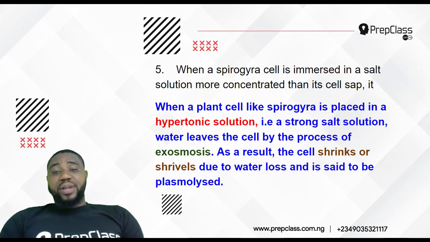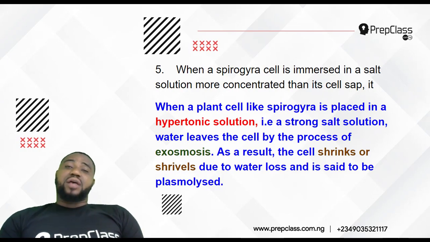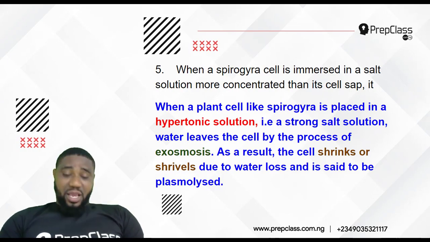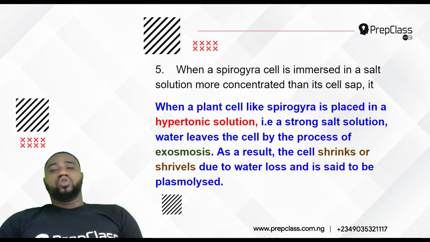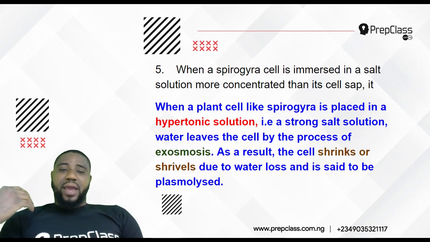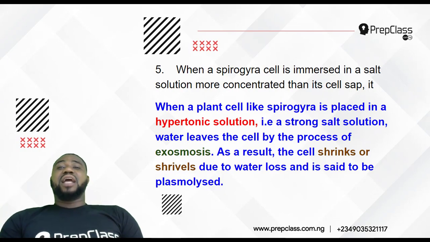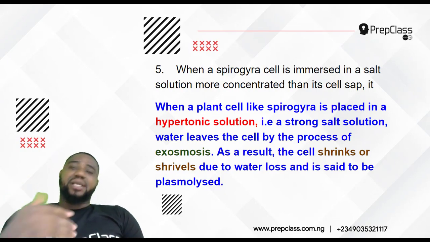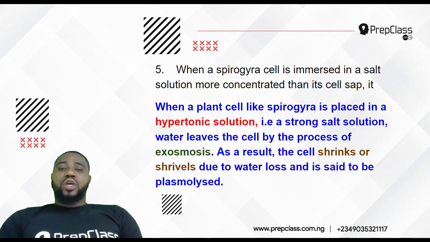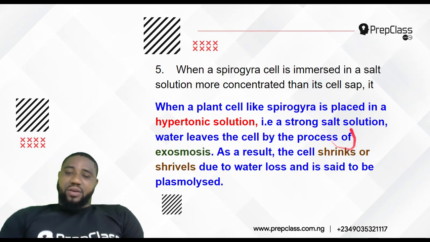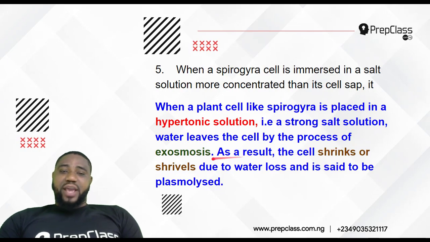So when you place a plant cell or animal cell in a strong salt solution, water will come out from the cell by exosmosis. If you place it in a hypotonic solution, a solution that has no salt, water will enter into the cell. So in this case, water will leave the cell by a process of exosmosis. As a result, the cell shrinks or shrivels. As water leaves the cell sap, what happens?